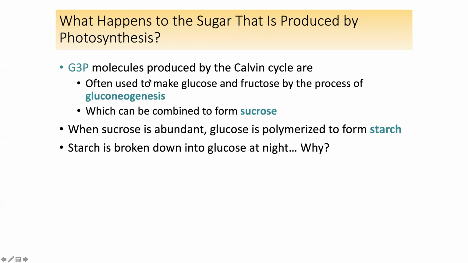This process takes place outside of the chloroplast. Basically, the glucose and fructose can later be combined to form sucrose, or if there's too much sucrose, the glucose monomers will be polymerized to form starch. And starch is, again, the storage molecule for our plants.